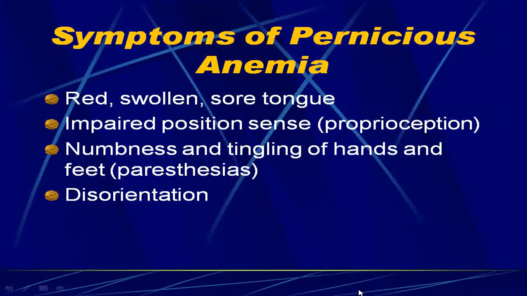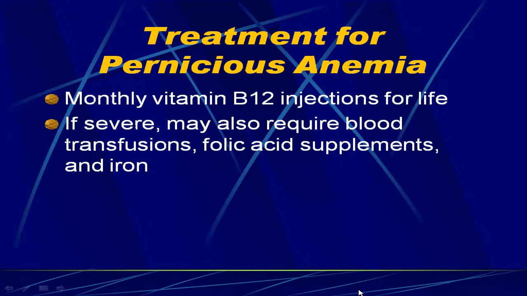When we look at position sense, this is a person's awareness of their posture, the ability of the body to orient itself in space without visual clues. And we'll go more into that when we talk about the neurological system. Also, the person may experience numbness and tingling of the hands and the feet. This is referred to as paresthesias, and they may also have disorientation associated with pernicious anemia.